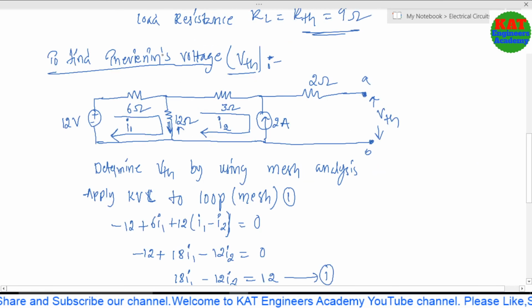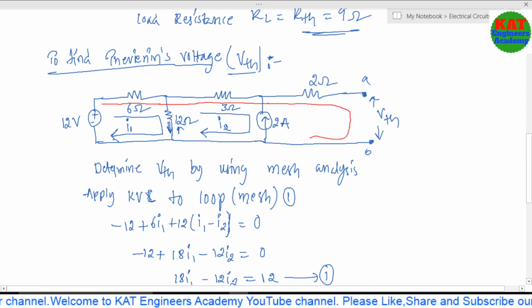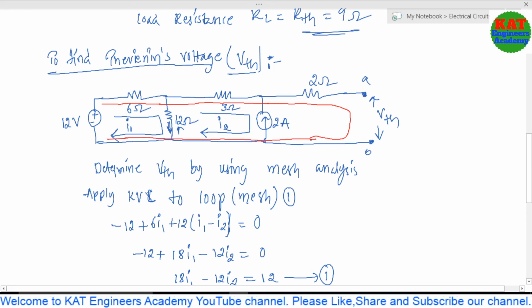So the outer loop is this here. This is the outer loop. Now for this outer loop we have to write the equation.